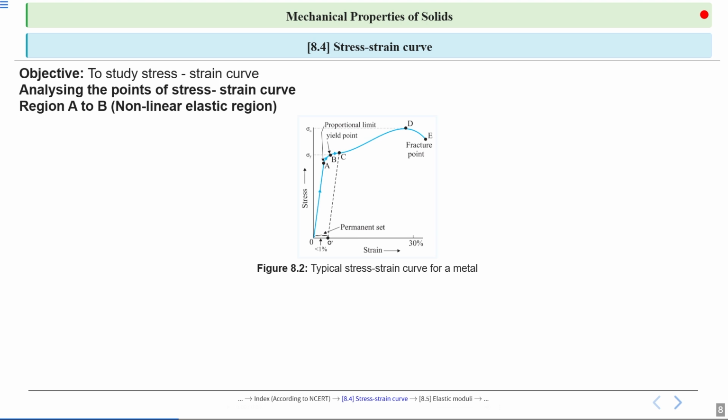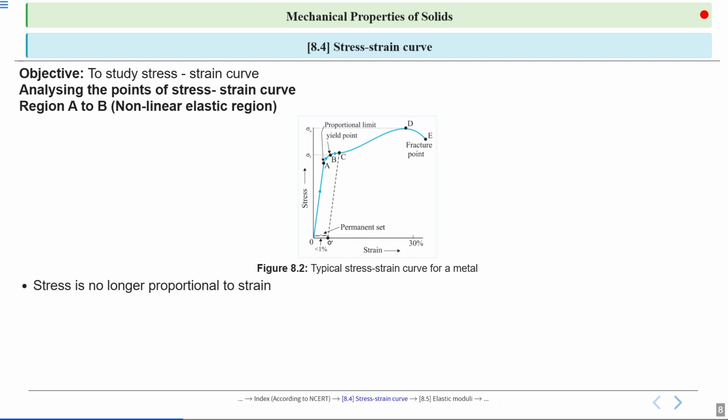You can see it highlighted here in the diagram, figure 8.2, A to B. In this part of the curve, the relationship between stress and strain is no longer a straight line.